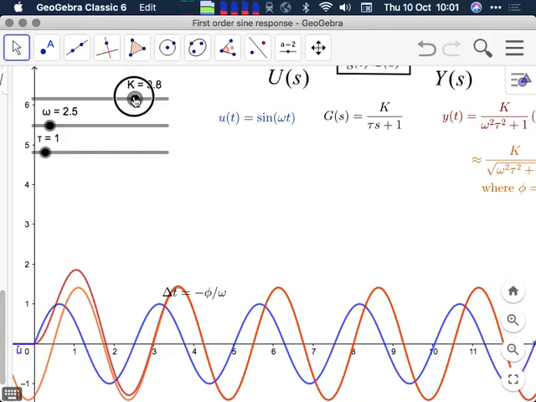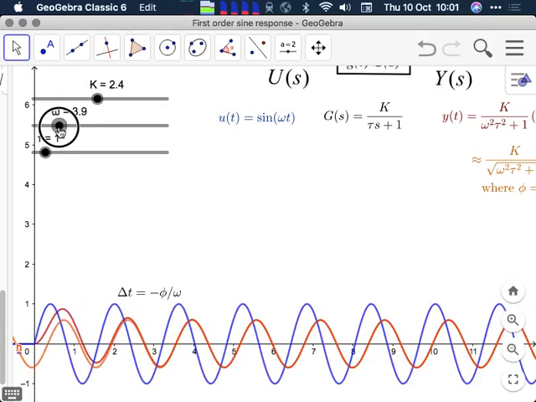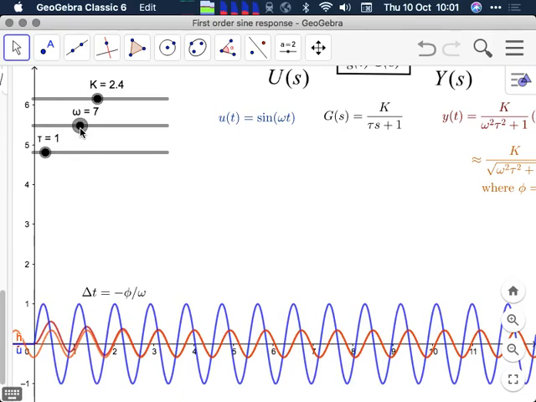What is not quite as obvious is that when I increase the frequency of the sinusoid that I'm forcing with, and this is what they call a forcing function or a forcing sinusoid. Remember, the blue sinusoid is the input. I've kept the gain the same and I've increased the frequency. And what I observe is that the magnitude of the output becomes less.